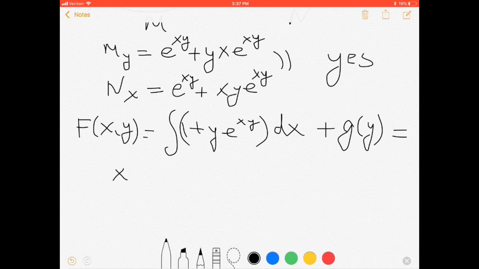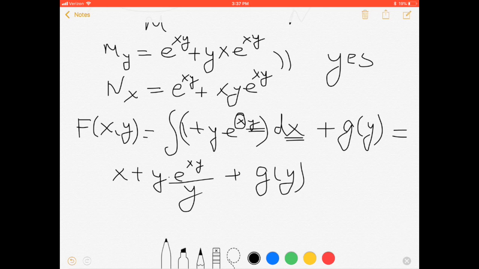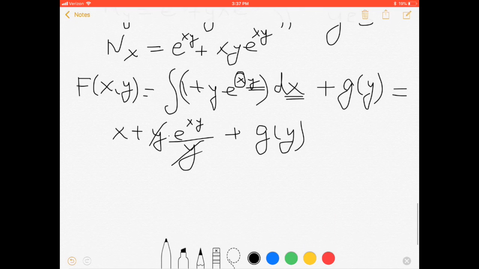Here we have only one place where you have the variable, because you integrate with respect to x. It will be like y e to the xy, and because y here is a coefficient, you divide by y, plus some function depending only on y. Here y and y cancel. This means our function f is x plus e to the xy plus a part depending on y.